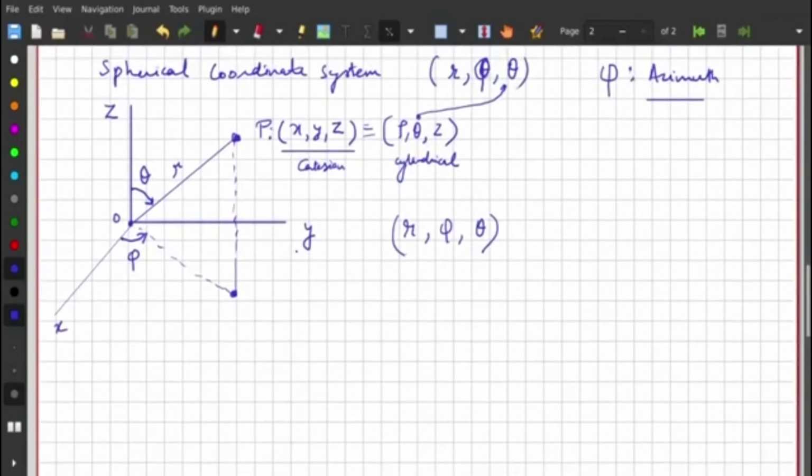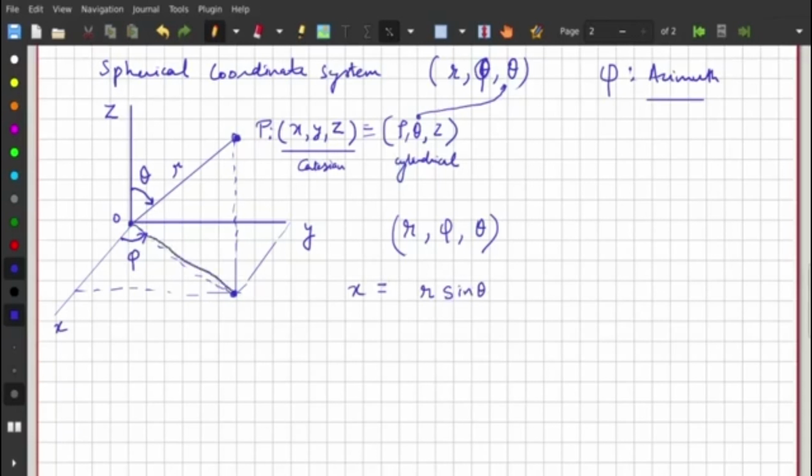So let's write a similar relationship between the Cartesian and the spherical as we did for cylindrical. Just draw the projections. This is x, and that is r sine theta, which is this length.